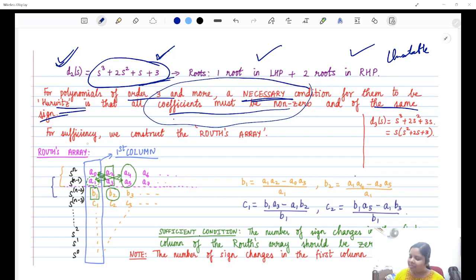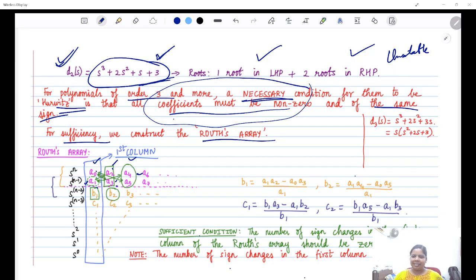That second check is the sufficient condition, and for that we construct Routh's array. Now, this Routh's array construction is really simple. You arrange the coefficients here, and then you do cross multiplication. For remembering, this cross multiplication is opposite to what we do for a determinant. In a determinant, you do a0 into a3 minus a1 into a2.